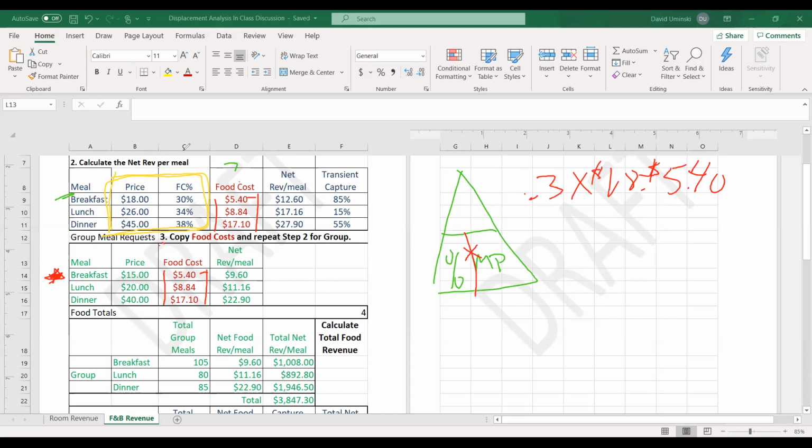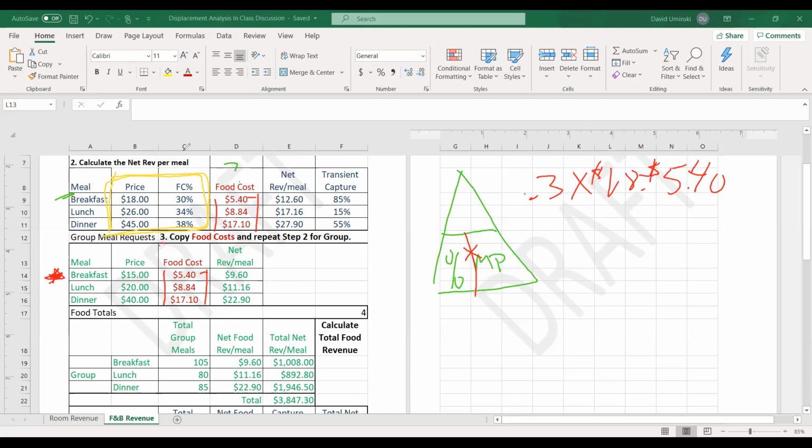That's our bacon, sausage, eggs, toast, coffee and juice. Now the group wants the same breakfast, but they're requesting a $15 price instead. It still costs me $5.40 to make that breakfast, but they're asking for a lower price.